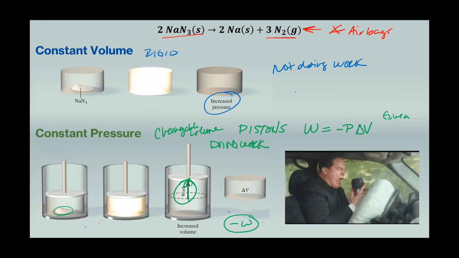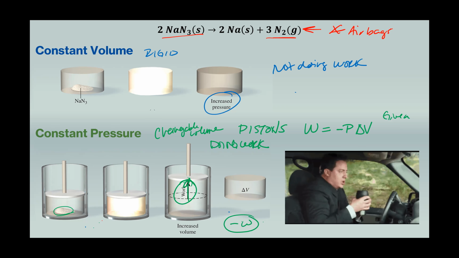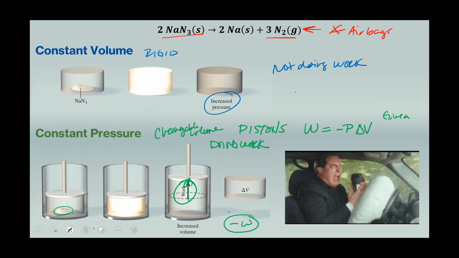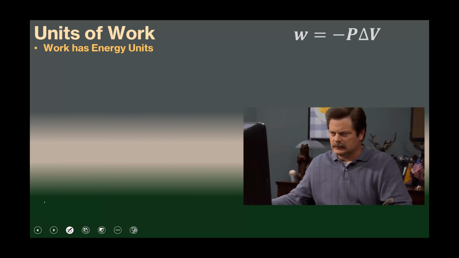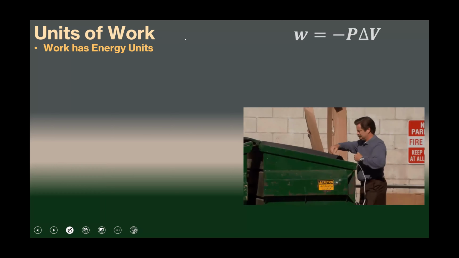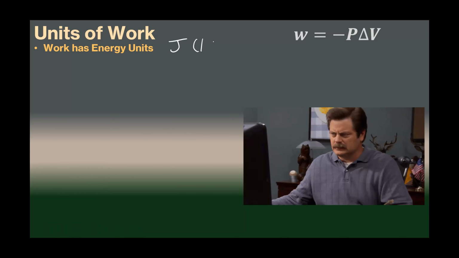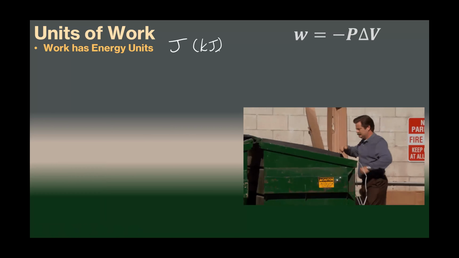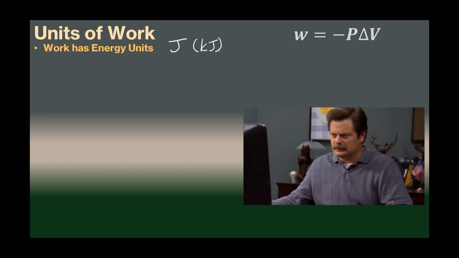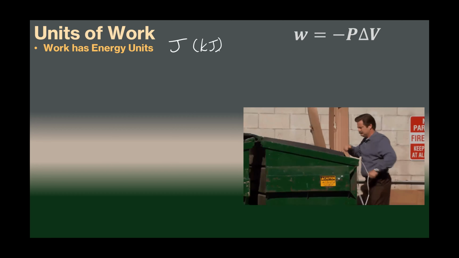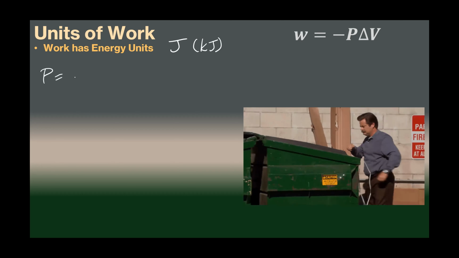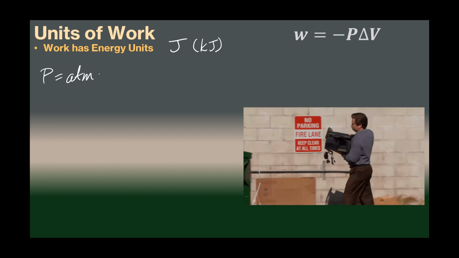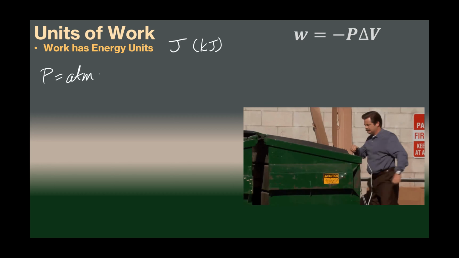When we think about the units of work, units of work are energy units. Typically we'll see this as joules, maybe kilojoules when we're doing energy units. We'll typically deal with pressure in terms of a unit called atmospheres, and we'll talk about atmospheres when we get to the gas chapter next.